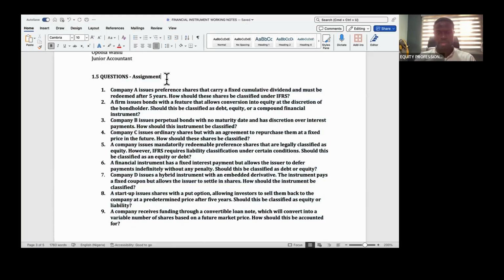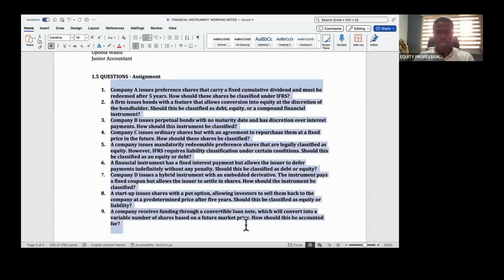So of course, I won't have time to look at it within that period. So for those of you that have not done it, I would strongly advise that you look at it because it's not beyond what we have looked at already in this class. This will further expose you to how to classify an instrument into either financial liability or equity instruments. Do it, then I share the solution with you.